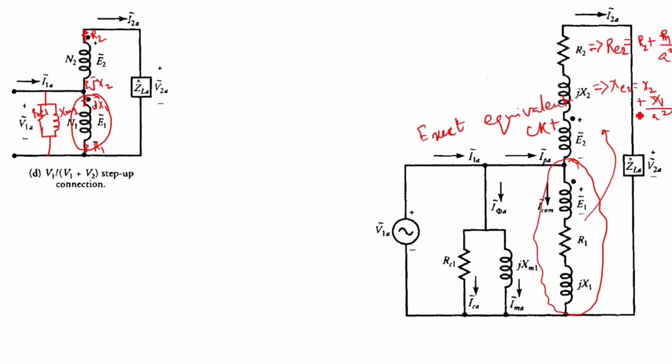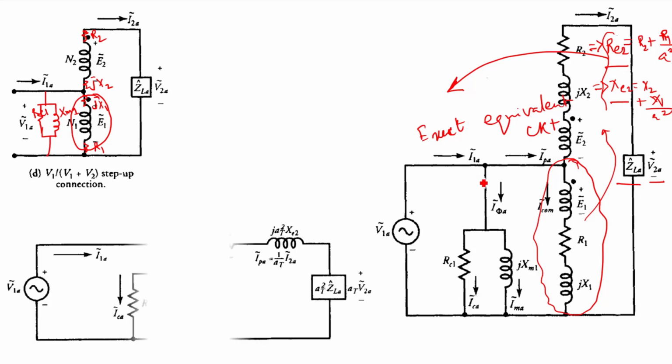Now the whole component, this RE2 and XE2, ZLA and V2A, all are in the secondary side of the autotransformer. If I refer all these components to the primary side, I have to multiply with AT square. So your approximate equivalent circuit will look like this.